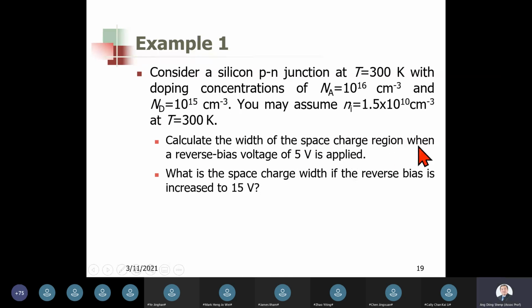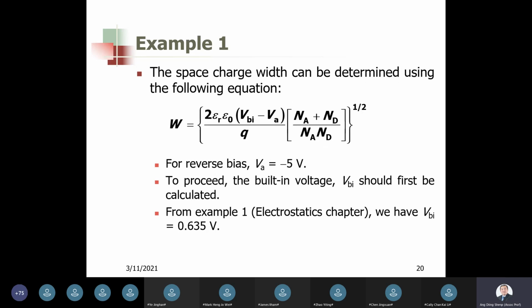Calculate the width of the space charge region when a reverse bias voltage of 5 volts is applied. And what is the space charge width if the reverse bias is increased to 15 volts? It's a very simple exercise, but the whole idea is just to have a feel of how some of the parameters change under an external voltage.